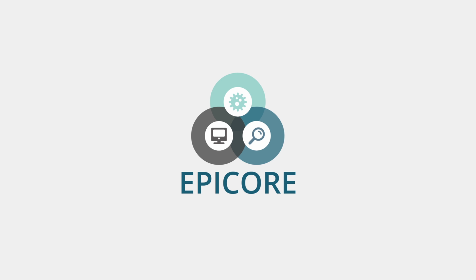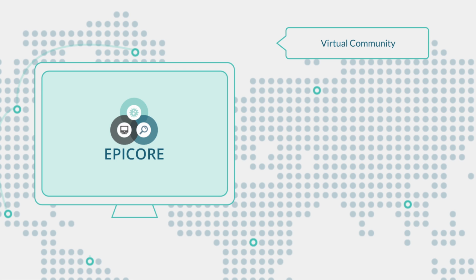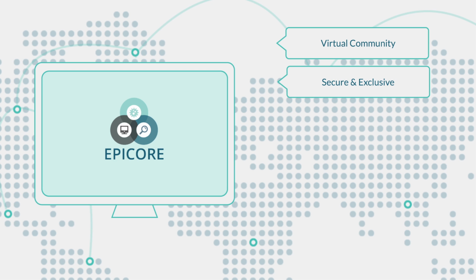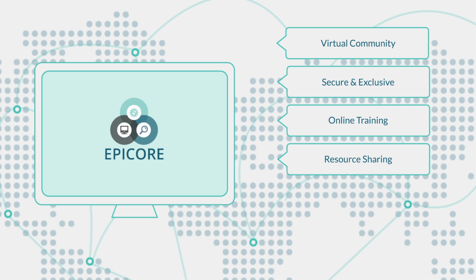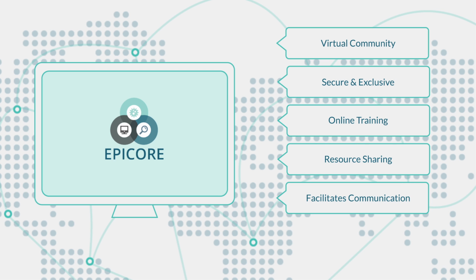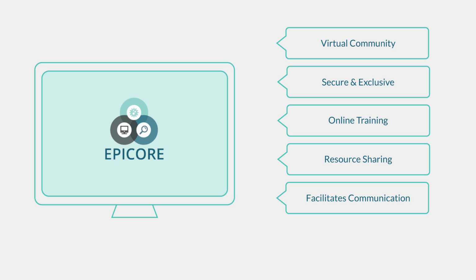EpiCore is a new system that finds and reports outbreaks faster than traditional disease surveillance methods alone. A virtual community with a secure and exclusive digital platform that provides online training. EpiCore allows resource sharing and facilitates communication between EpiCore certified members and health experts in order to improve global outbreak detection and reporting.